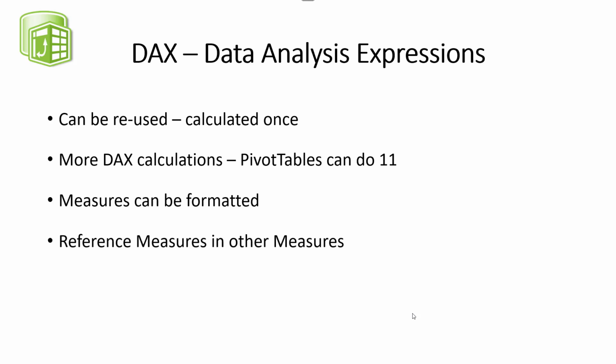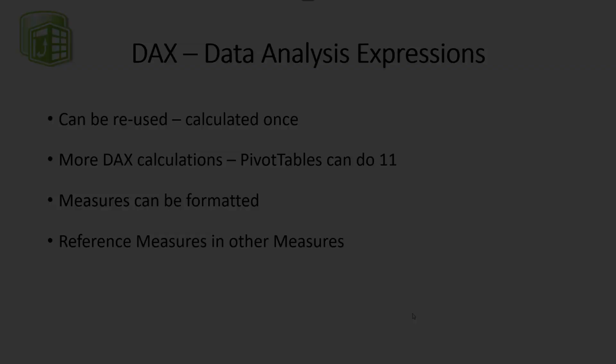And these measures can also be referenced in other measures. So imagine when you do a SUMIF in Excel and you have to tell it what column you want to sum. Or if you've got a measure that sums things, you can reuse that measure in other calculated measures, like a SUMIF equivalent. So these are some of the advantages which make DAX so useful and so interesting for Excel or Power BI people to pursue.